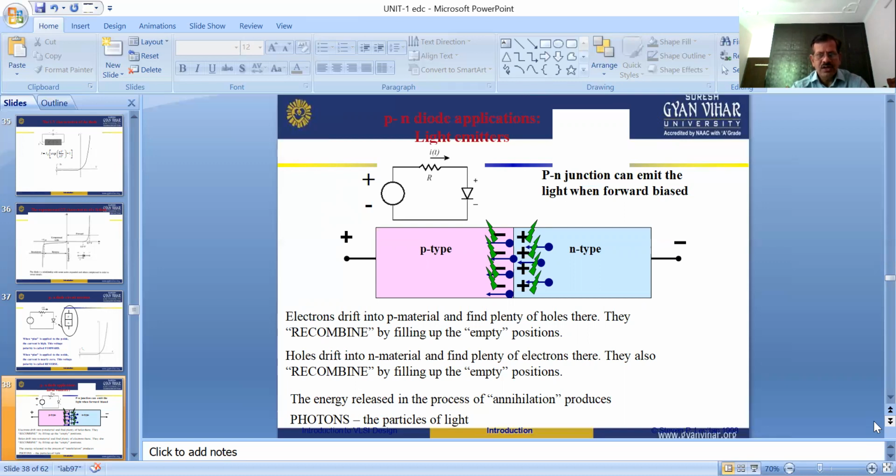They also recombine by filling up the empty positions. The energy released in the process of annihilation produces photons, particles of light. This is the phenomenon which occurs in the light emitting diode.